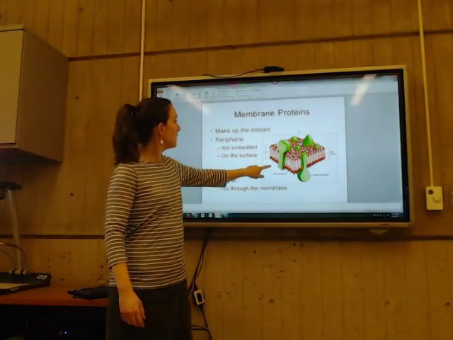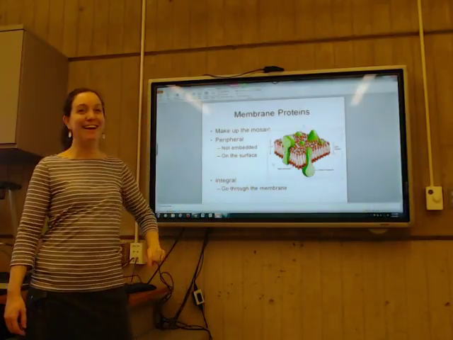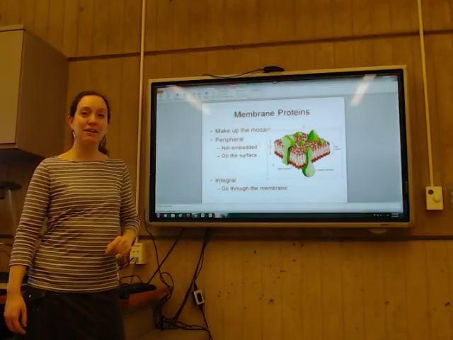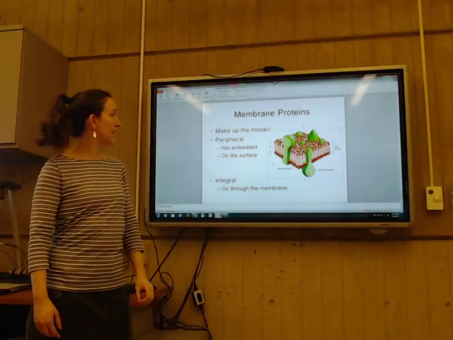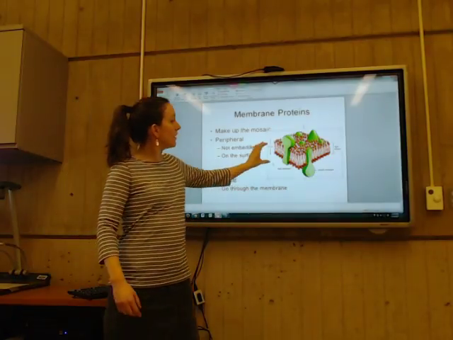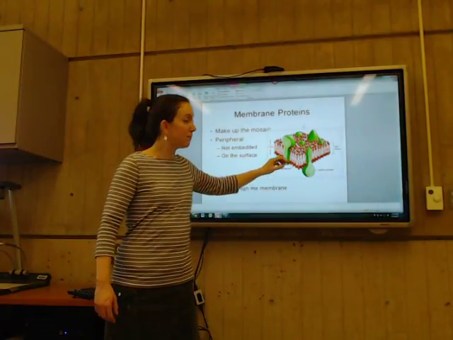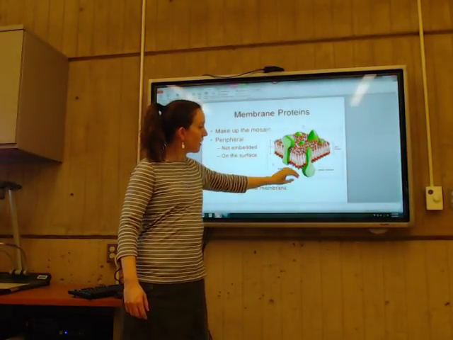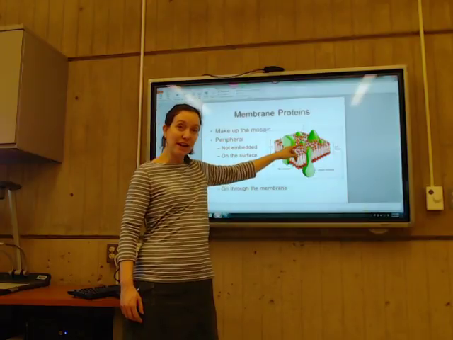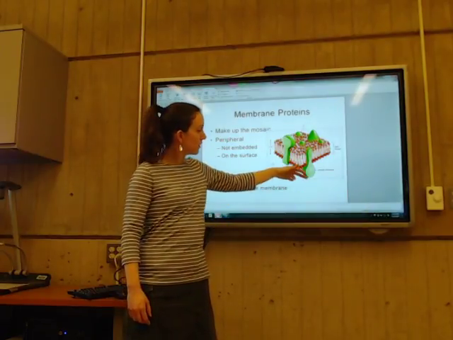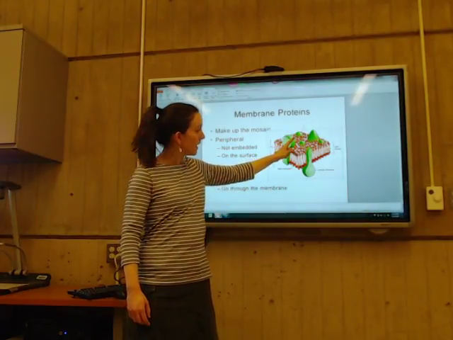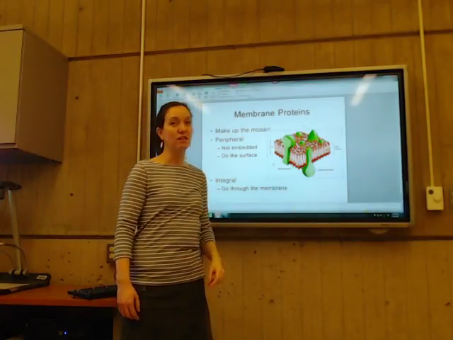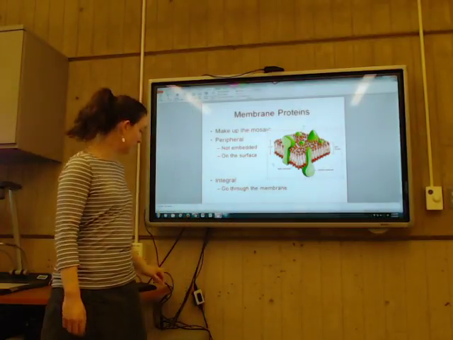The peripheral proteins are not embedded throughout the membrane. They are just on the surface. So here in this membrane picture, this would be outside the cell, this would be inside the cell, and this protein molecule right here is partly inside the cell, and it's exposed on the outside as well. These protein molecules have several functions, which we're going to discuss.